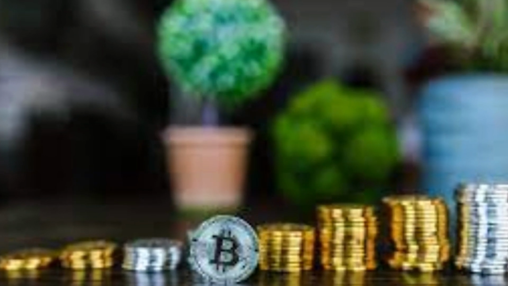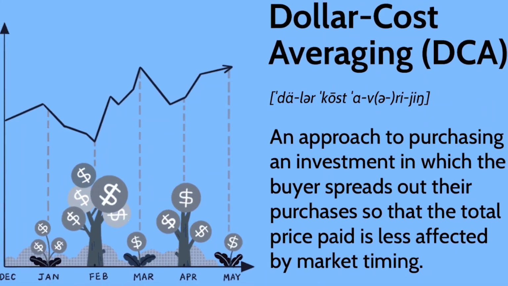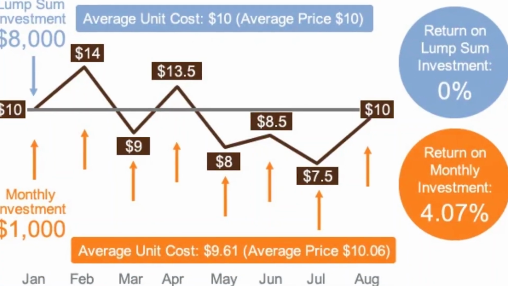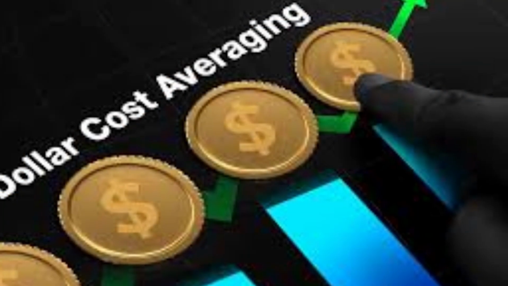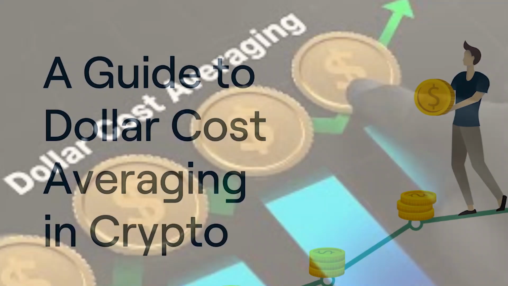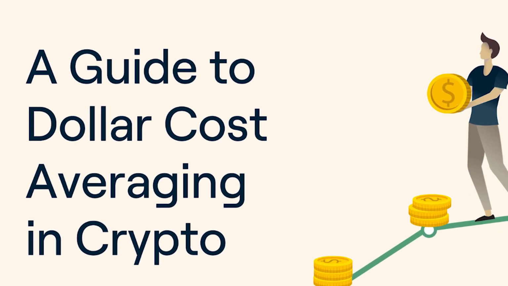This volatility can be terrifying if you put all your money in at once and watch the value plunge the next week. But with dollar cost averaging, you spread that risk over time. You're not betting your entire investment on a single day's price. Instead, you're capturing an average price across weeks, months, or even years.